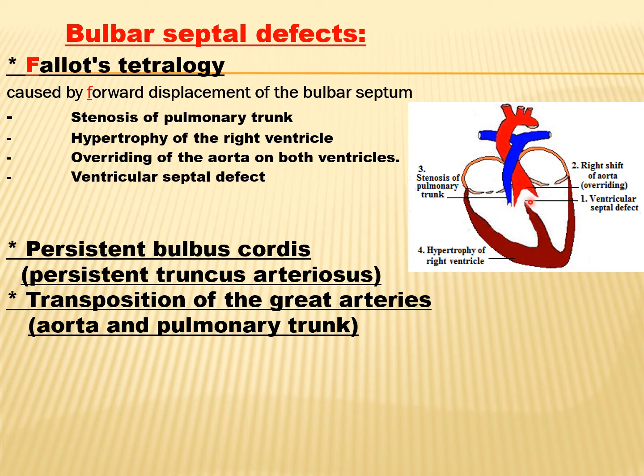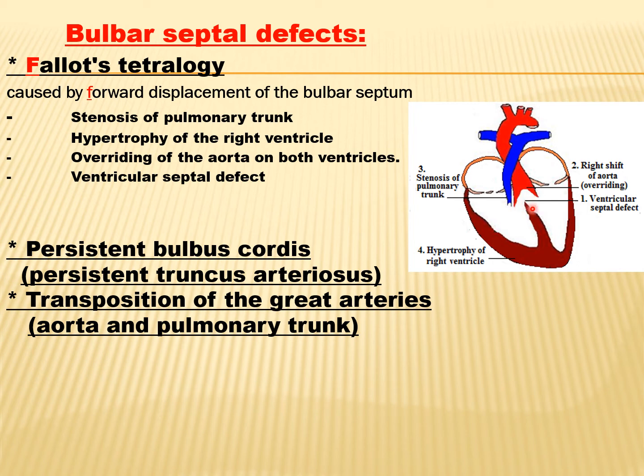So as we see, the four congenital anomalies of tetralogy of Fallot are correlated. The first is caused by forward displacement of the bulbar septum, resulting in stenosis of the pulmonary trunk and overriding of the aorta on both ventricles.